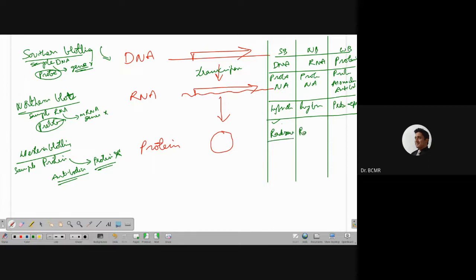The same is the case here too. And in this case, usually it is enzyme-conjugated antibodies. There are primary antibodies and secondary antibodies. We will discuss these things again in detail.